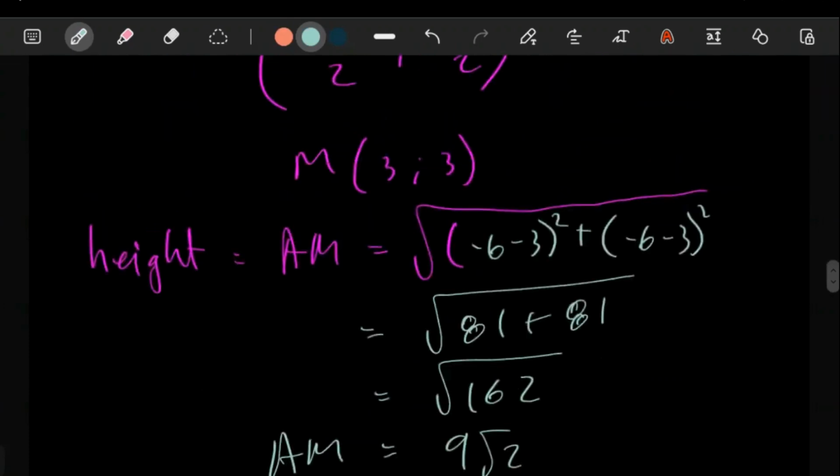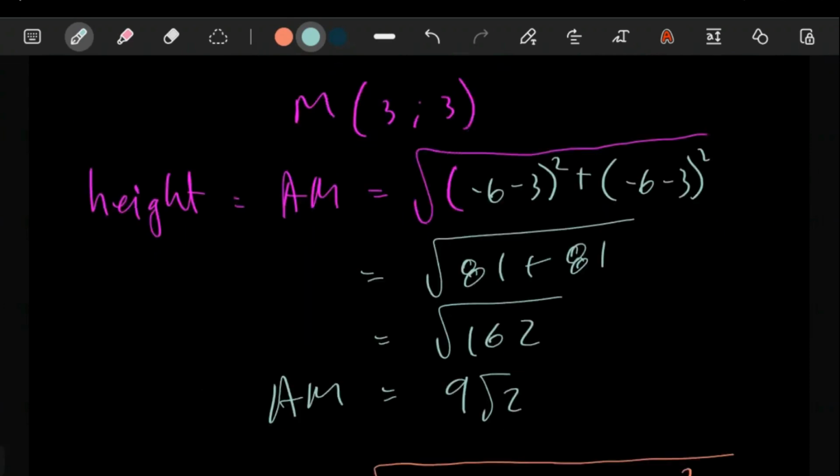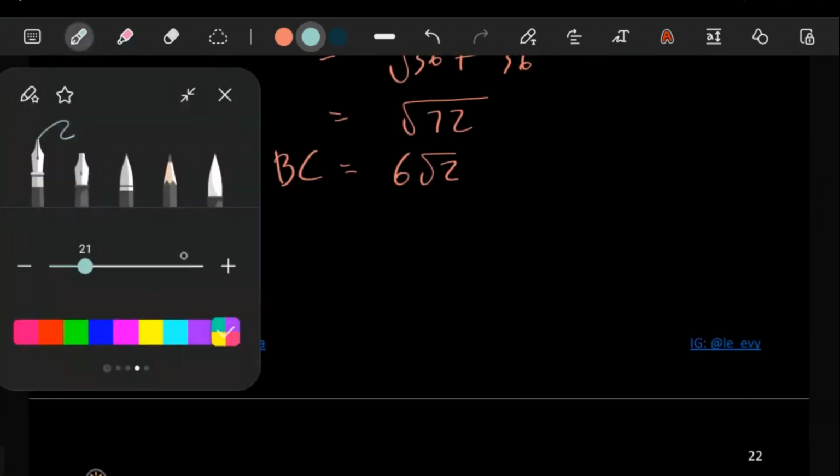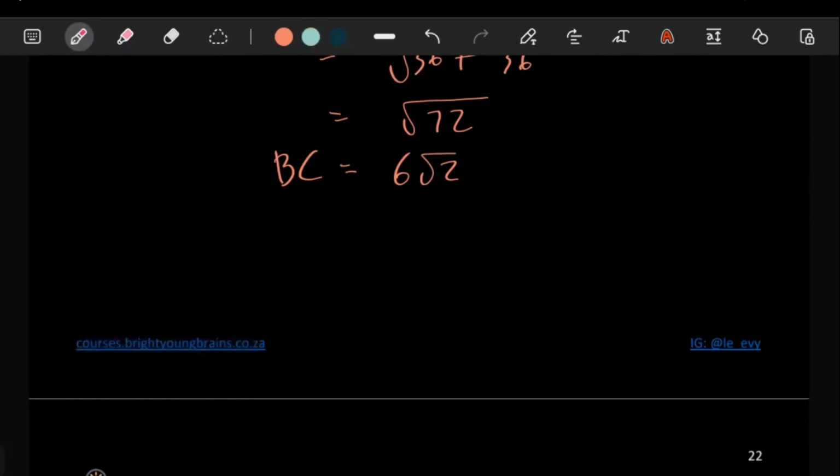So with all this being done, let's move on to actually getting the area now. The area is going to be equal to half base times the perpendicular height.